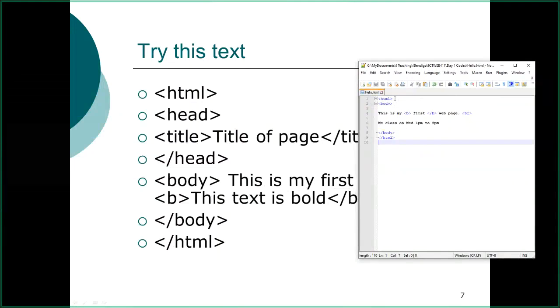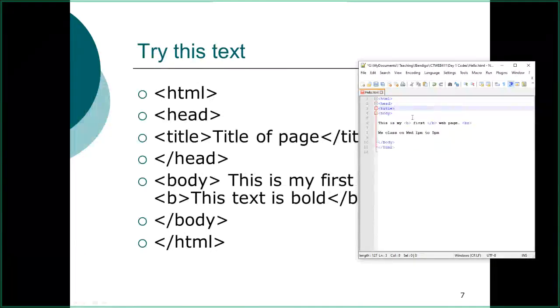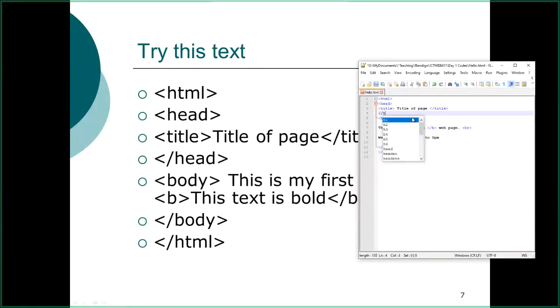So we're now putting in head, followed by a title, of page, and then we close off the title and close off the header, and we keep the text and the body, save it out.